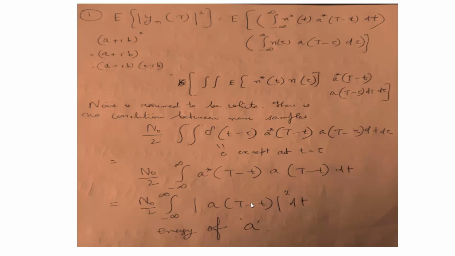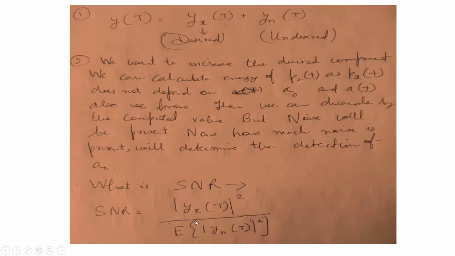If we multiply these two, we get the integral of |a(T minus t)|² dt, times N naught by 2, which is basically the energy of A. Energy of A means the symbol that we have transmitted, because we assumed here that we will transmit this symbol only and try to estimate this symbol.